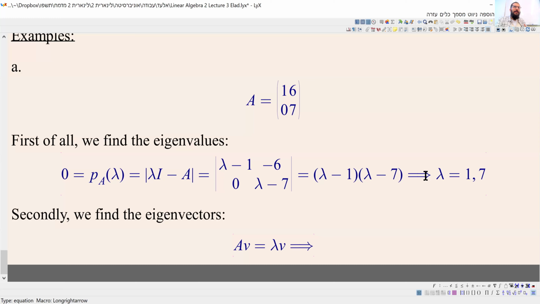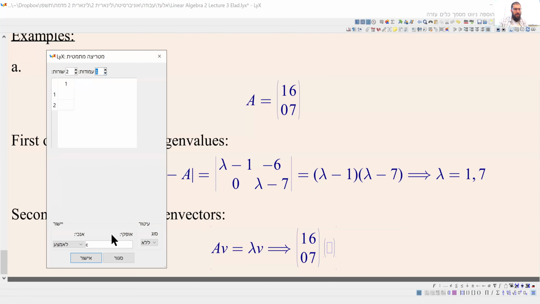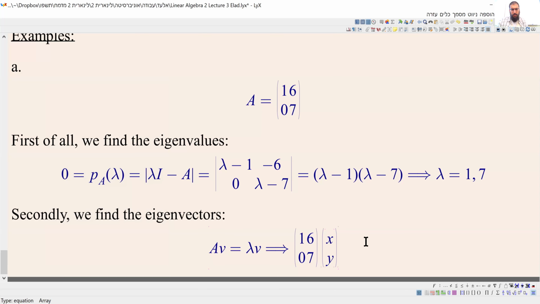AV is lambda V, which is the matrix 1, 6, 0, 7 multiplied by some vector V. In general one can write X and Y, A and B, alpha and beta, whatever.